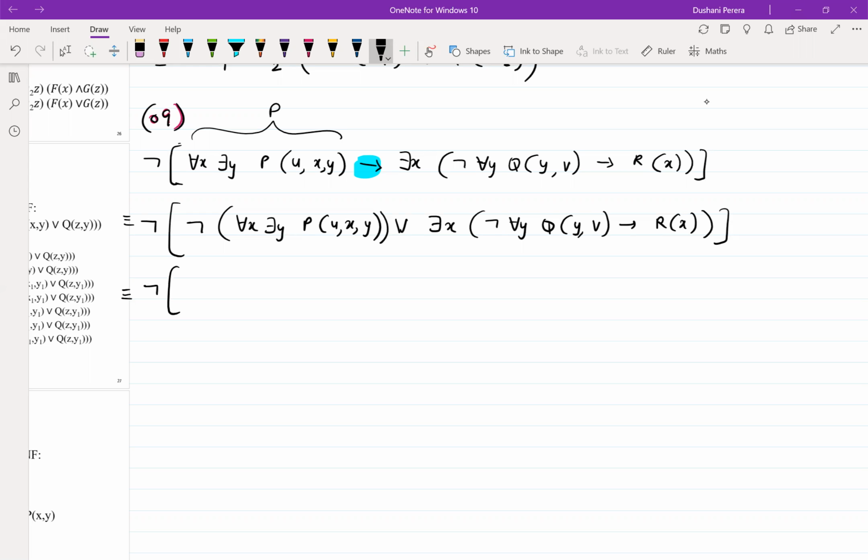Keep the outer negation for a minute. I'll take this one inside. So I have some x, all y, P(x,y) or some x.